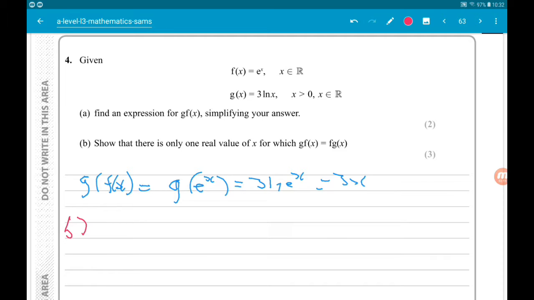Okay, so f g of x is f of g of x, which is f of 3 log x.